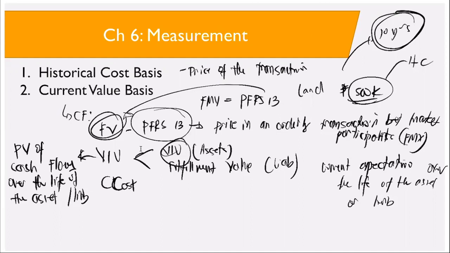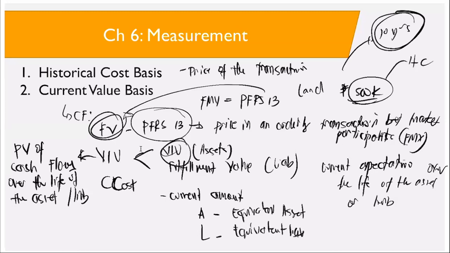Next item on your current value basis is your current cost. This is the current amount for the asset, but normally this is an equivalent asset. And for a liability, that is your equivalent liability. Okay, let's differentiate a fair market value to your current cost.